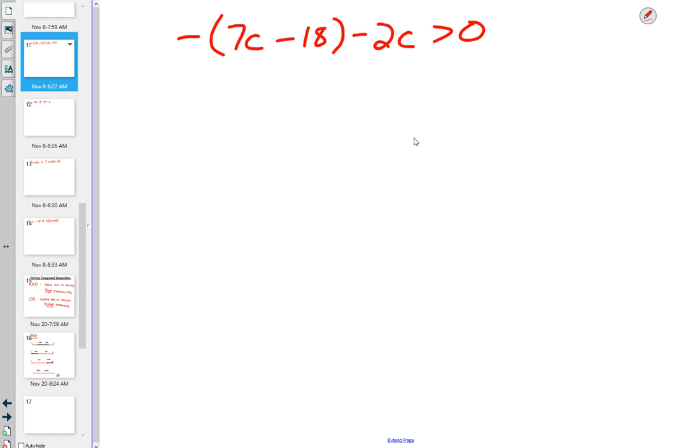Good, distribute the -1. So Elsie is scratching her head right now because she multiplies by -1 and says, hey, Mr. Romero, didn't you say yesterday that when you multiply by a negative, the sign flips? So why did you leave the sign facing the same direction?